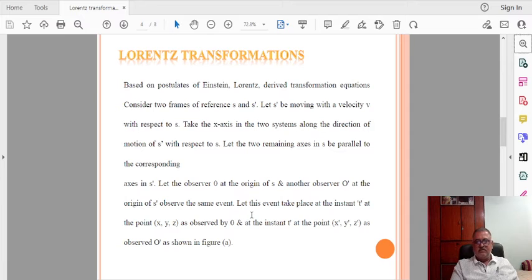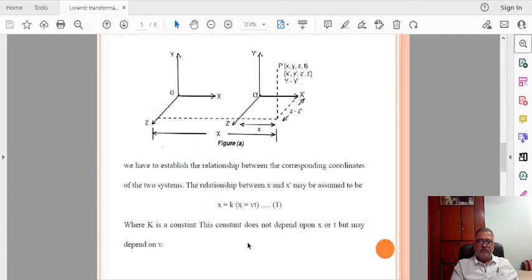Let this event take place at the instant t, at the point x, y, z, as observed by O, and at the same instant the time is t prime, and the points are x prime, y prime, and z prime, as observed by O prime, as shown in the figure plotted below.